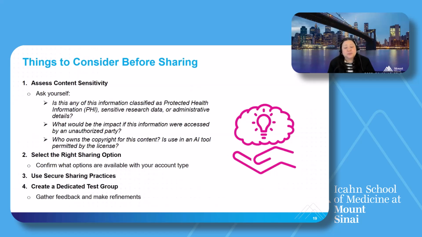A dedicated test group acts as a safeguard, ensuring that you are mitigating risks and fine-tuning your processes before full-scale deployment. It's also essential to use this feedback to tweak system instructions, improve prompts, and adjust your responses. And just remember, testing should be an ongoing process with regular updates just to keep your GPT effective and relevant.